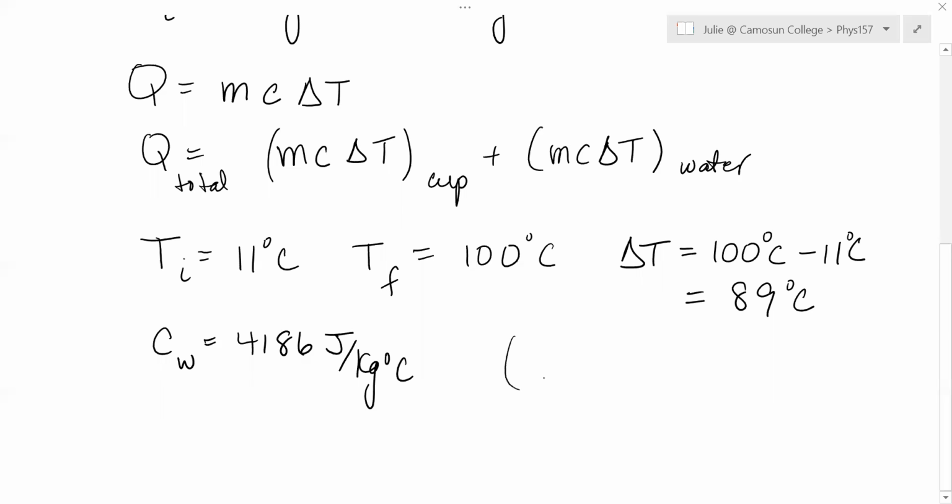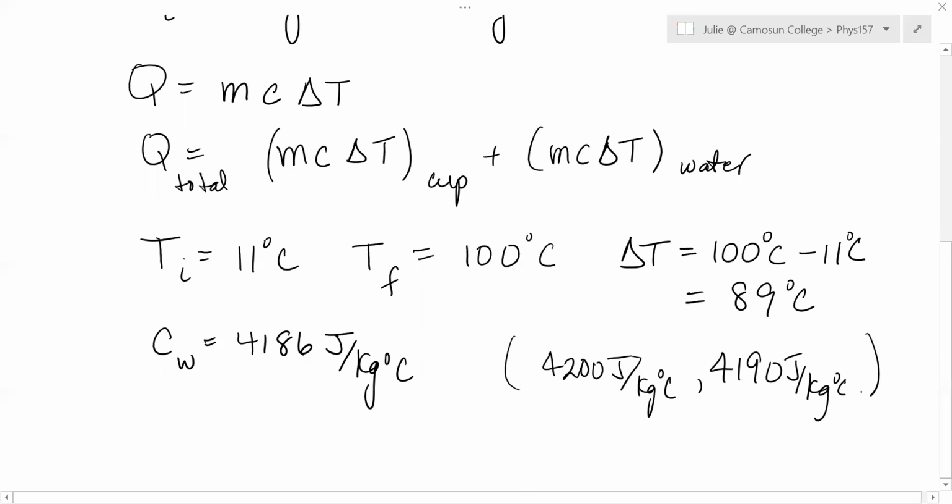But beware, you may also see 4200 joules per kilogram degrees Celsius for water. You may see 4190. And so it just all depends on the problem. And you may just be frustrated because you're going to use 4186, but the solution may have used 4200. So just beware of that.